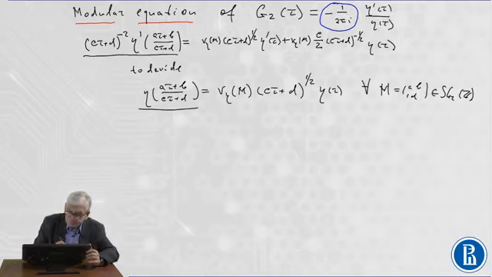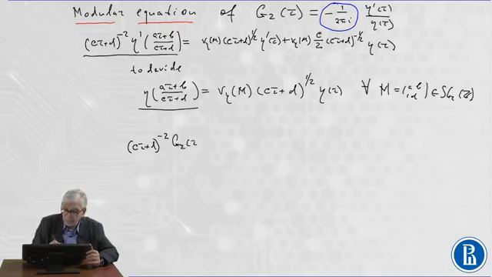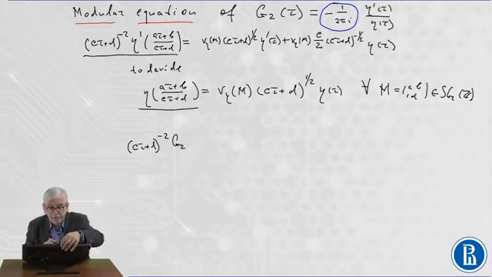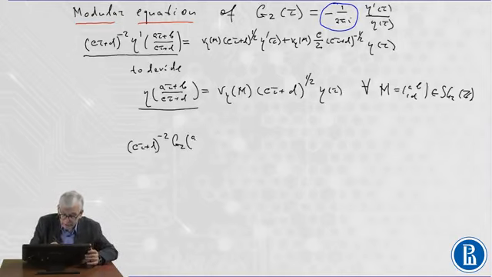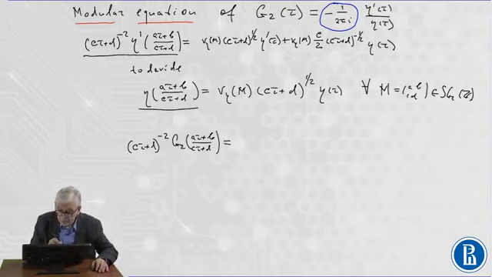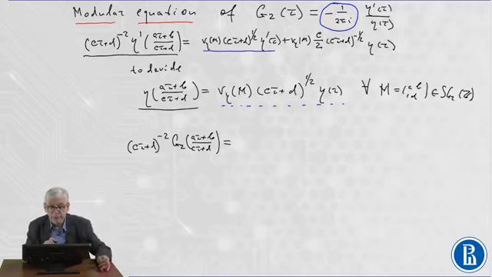What we get? We get c tau plus d to the power minus 2 times G2 of tau is equal, oh, I'm sorry, here I made a mistake: G2 of (a tau plus b over c tau plus d) is equal, we have to divide the first term by the right hand side, so we get G2 of tau.